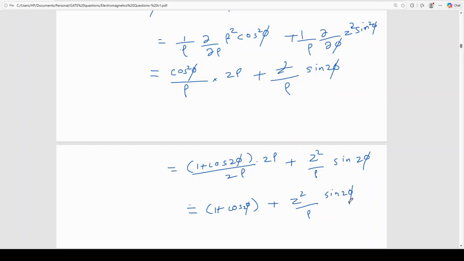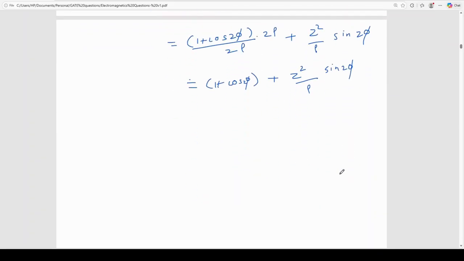Now let us integrate del dot D with respect to volume. The integral of del dot D dv can be written as the integral of 1 plus cos 2 phi plus z squared by rho sin 2 phi, whole thing times rho d phi d rho dz, because dv is rho d phi d rho dz.